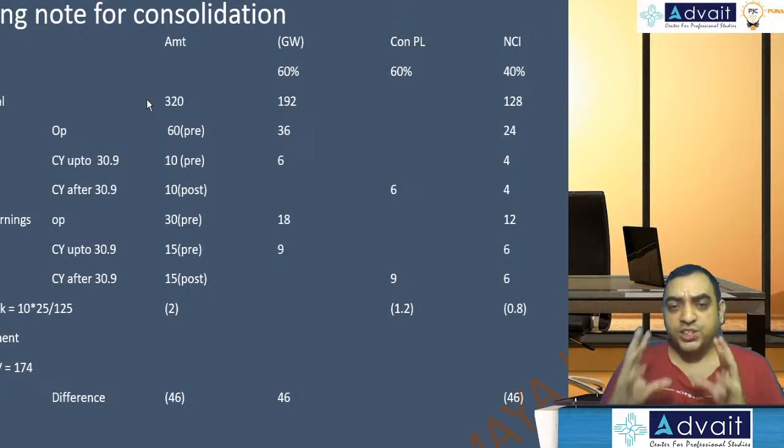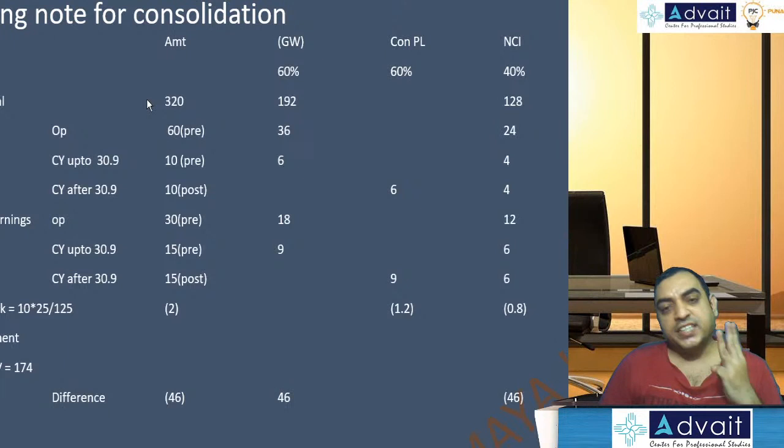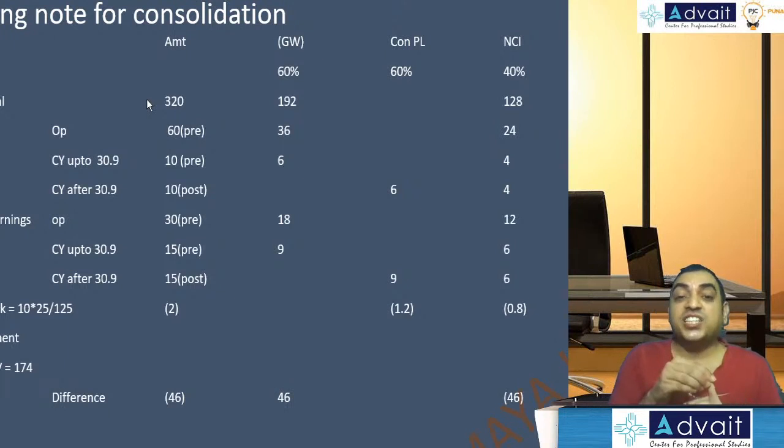First, NCI adjustment. Just follow 3 steps. First, compute the book value of NCI. What is the book value of NCI? It is the NCI share in share capital and pre-acquisition profits.